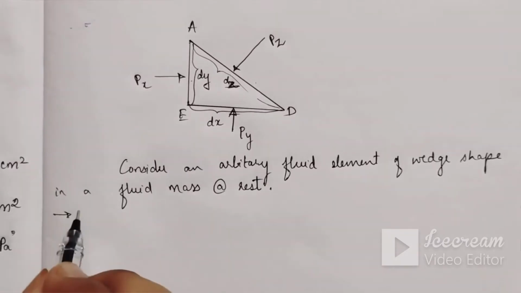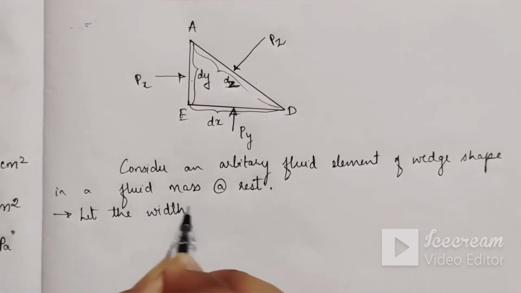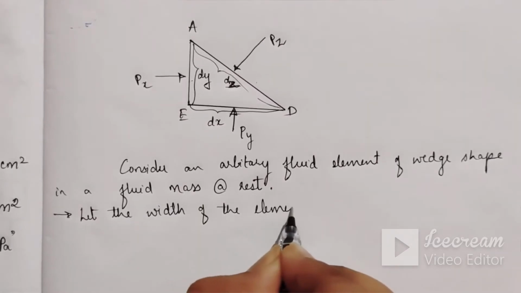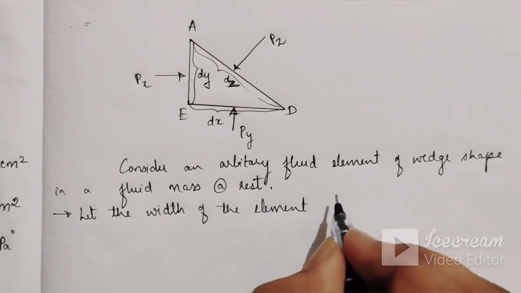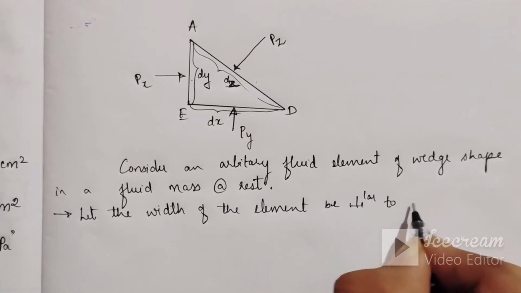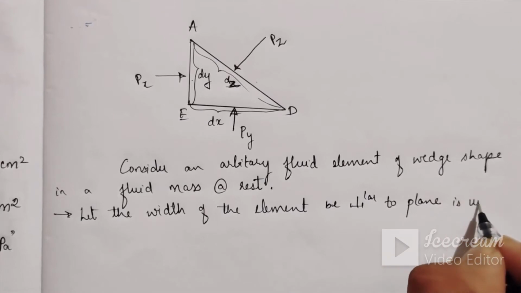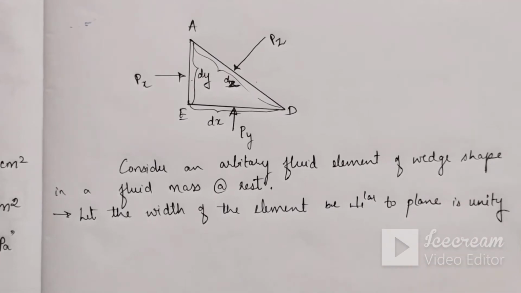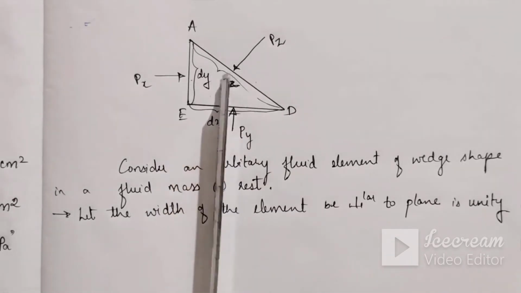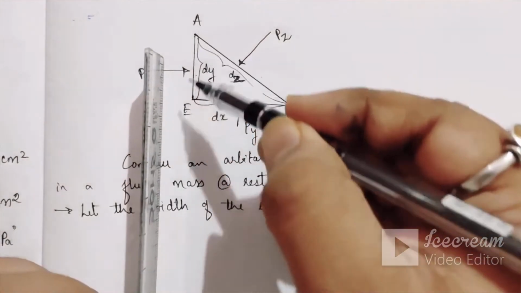Next point, we will define this element. Let the width of the element perpendicular to the plane be unity. What I took is only this line.